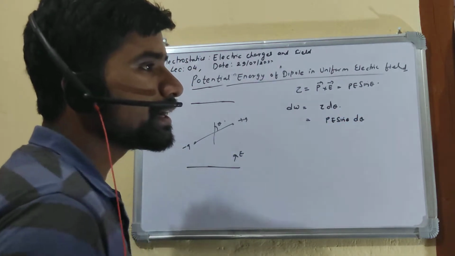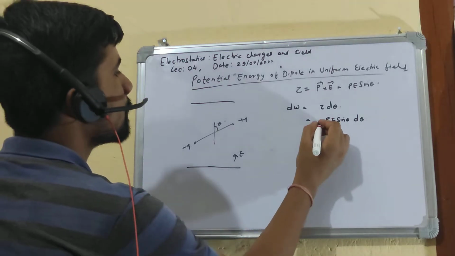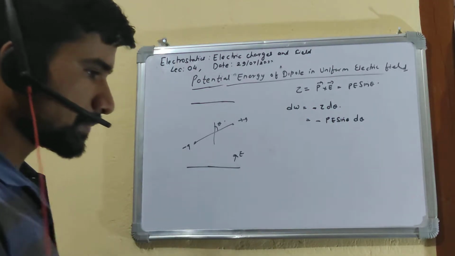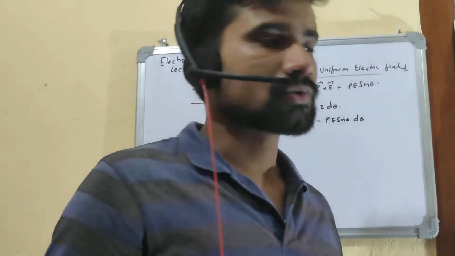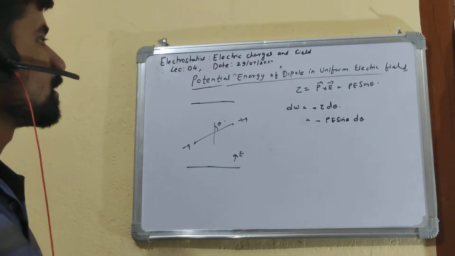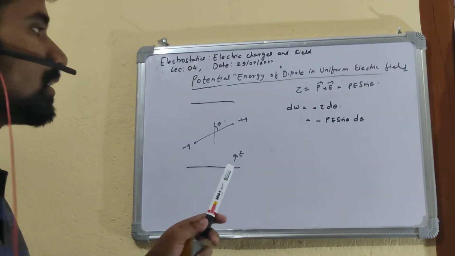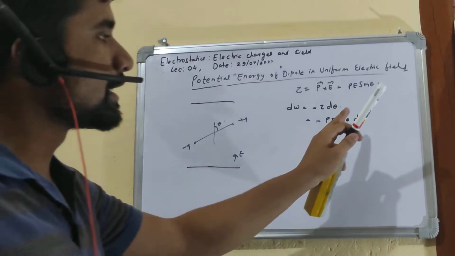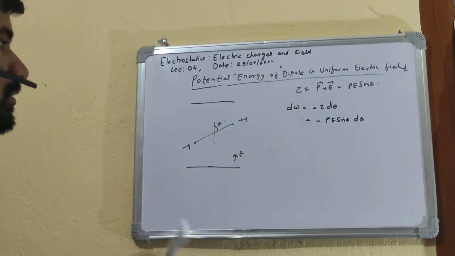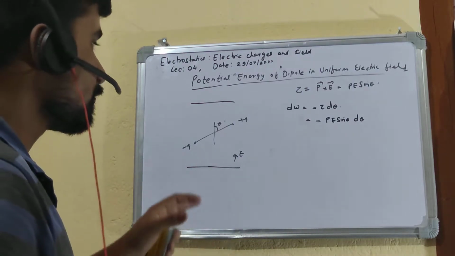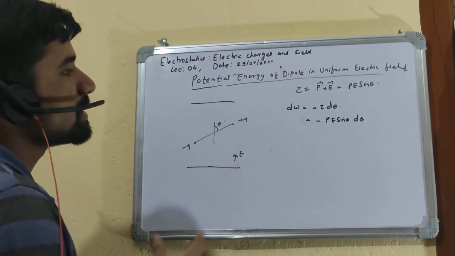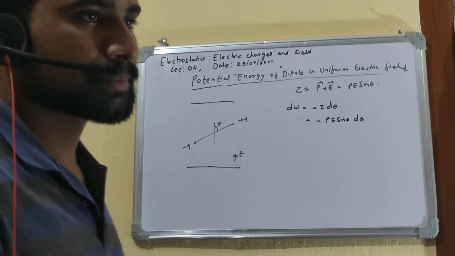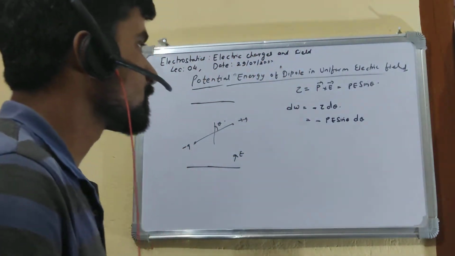And if I am doing it against this torque, it will become minus of that. So this is the work done to rotate this dipole through an angle d theta against the effect of the field. Now, if I talk about the change in potential energy, you might have already studied it.